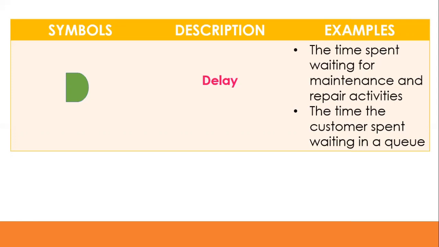Examples of delay would be the time spent waiting for maintenance and repair activities, because the operator will be brought into idle time if that happens, especially if there is a machine breakdown. And also the time the customer spent waiting in a queue.